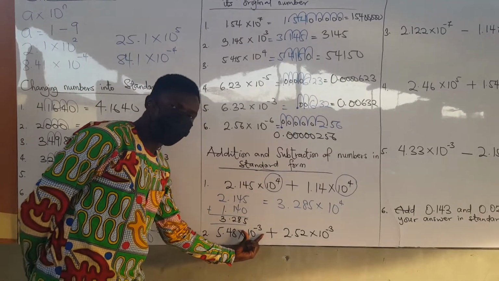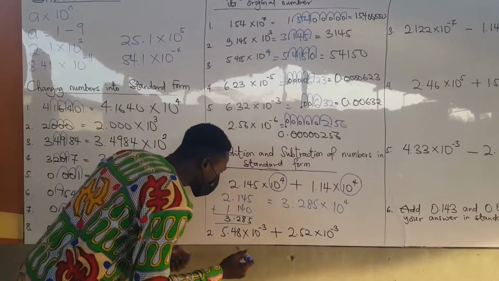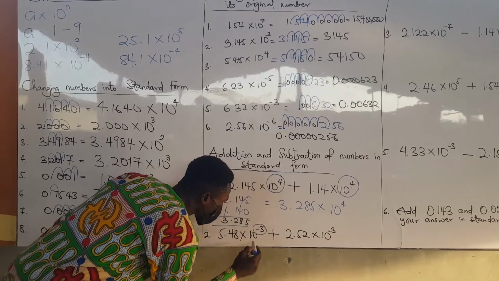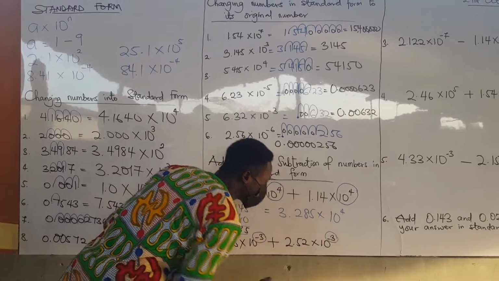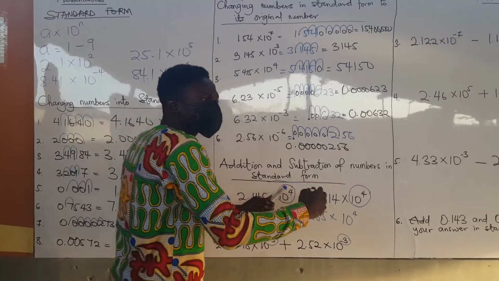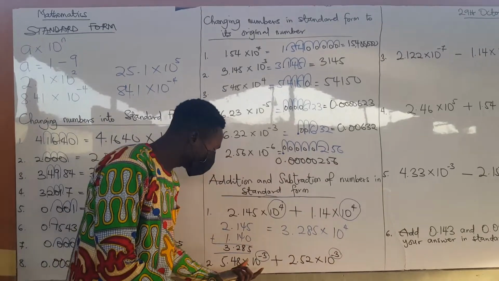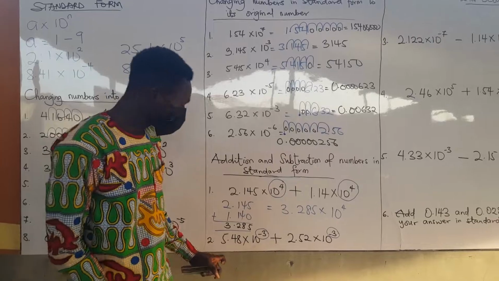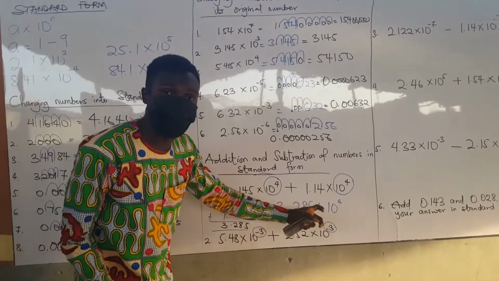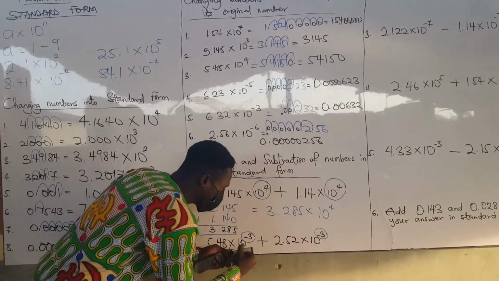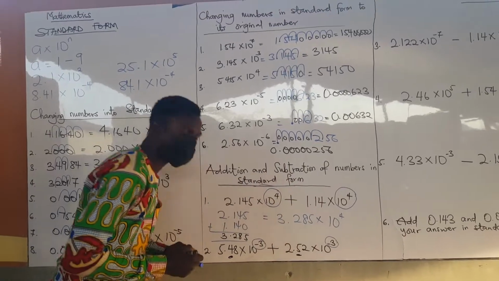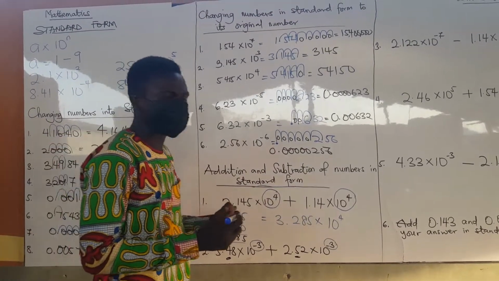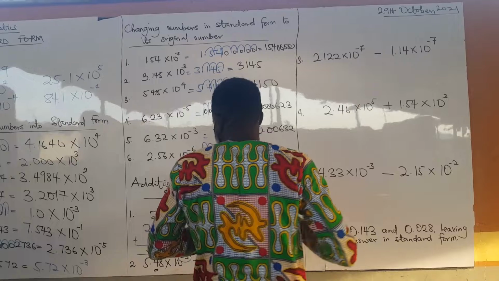When you look at the power of 10, this has negative 3 and this also has negative 3. They are the same. So with this question too, the powers of 10 are the same. Because the powers of 10 are the same, what do we do? Put the two decimals together. So let's put the two decimals together and see what we are going to get.